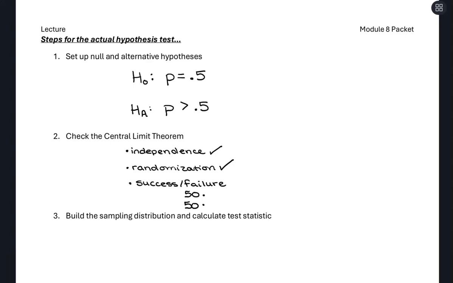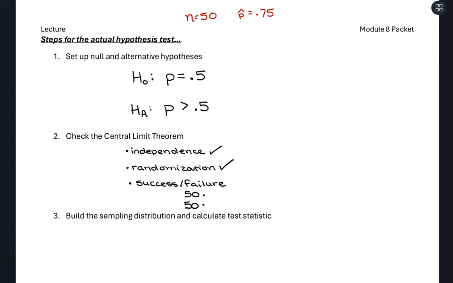Now what's tricky here is that in the background, when we're originally given this problem, we have a sample size of 50 and we have a p-hat of 0.75. So we kind of have two values for p floating around here. We have p-hat and we have this assumed value for p of 0.5.